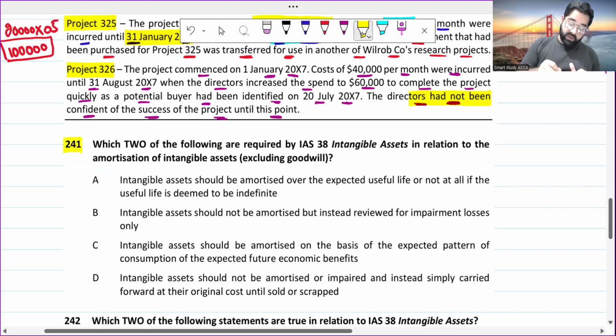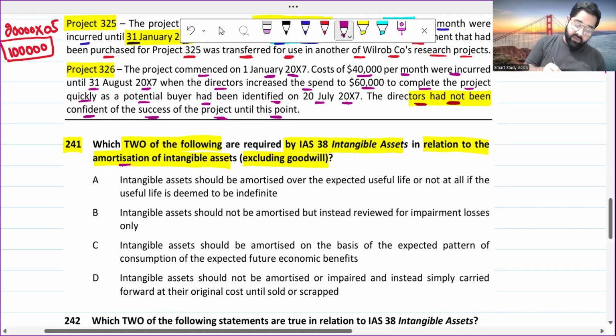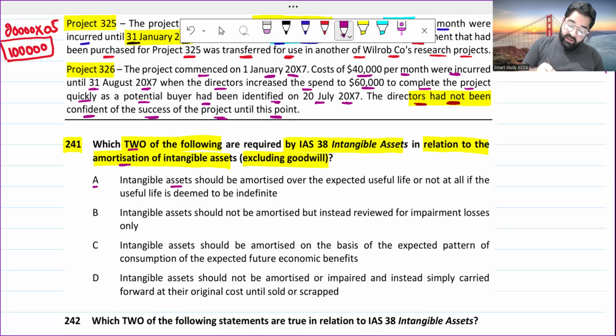Question number 241. Which two of the following are required by IAS 38 Intangible Assets in relation to the amortization of intangible assets excluding goodwill? So we will have to find the two statements. A, intangible assets should be amortized over the expected useful life or not at all if the useful life is deemed to be indefinite.